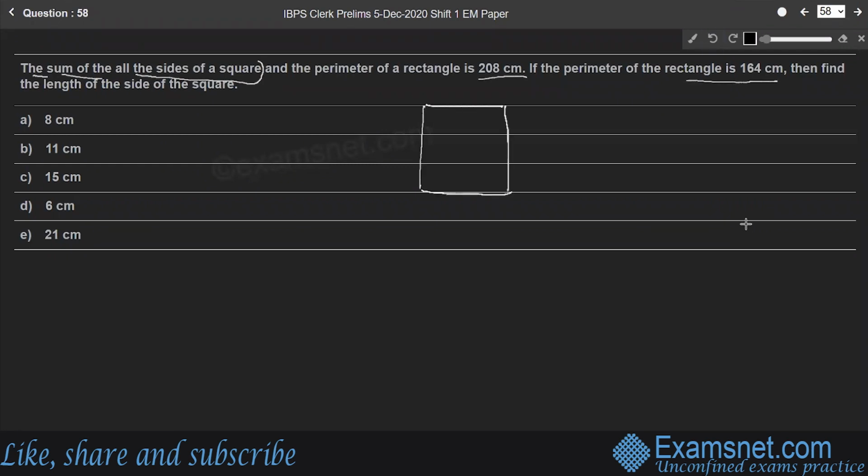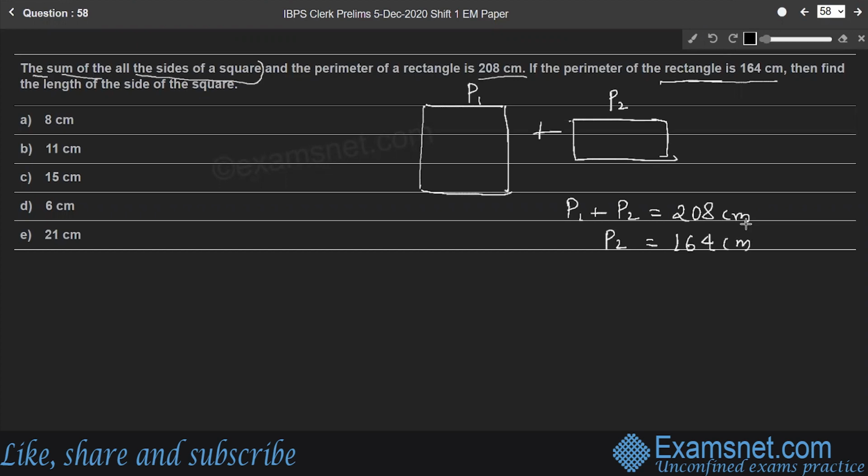So here let P1 be the perimeter of the square and P2 be the perimeter of the rectangle, right? And P1 plus P2 is given, which is 208 centimeter. And the perimeter of only the rectangle, which is P2, is 164 centimeter.